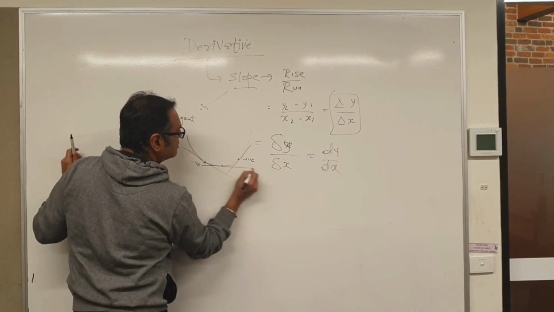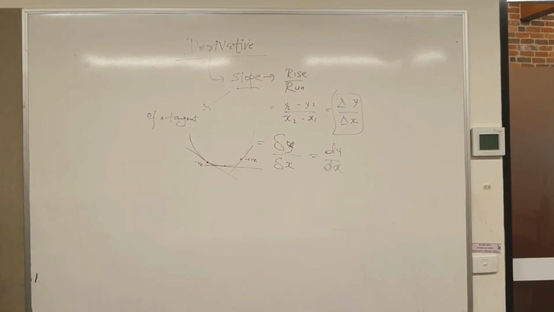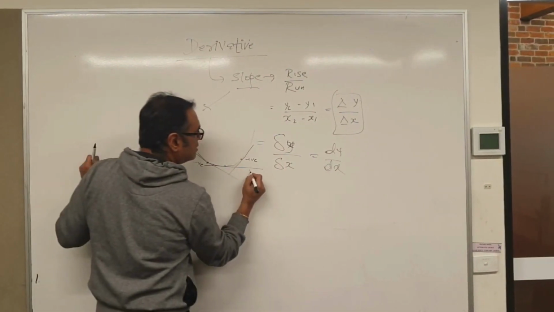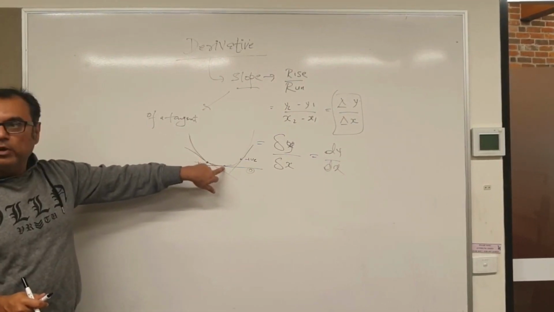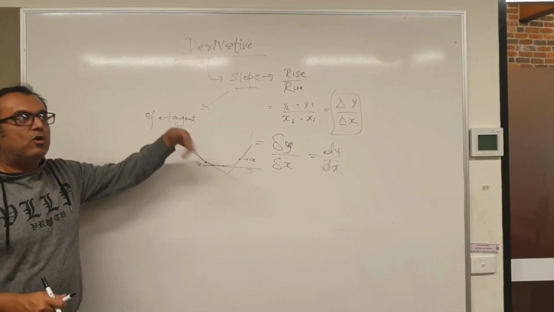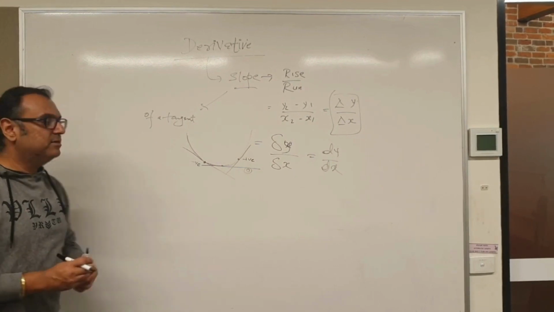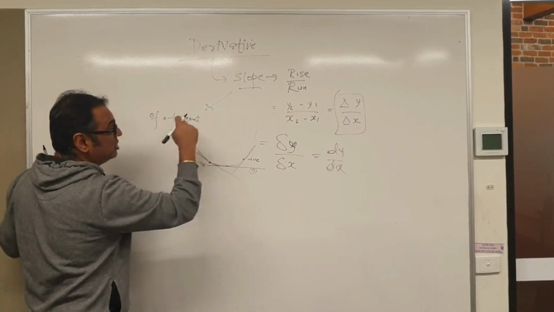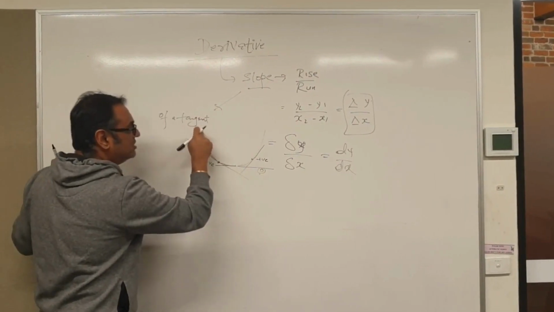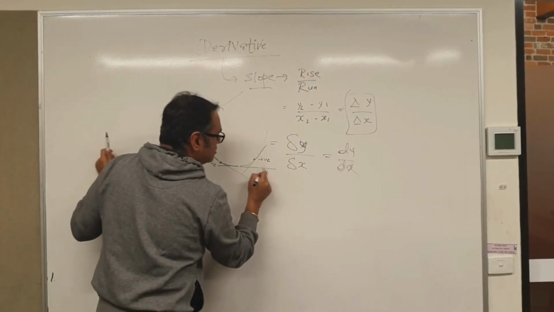The tangent is flat. So the slope is 0. So at the turning point or at the stationary point, the slope of the tangent to a point on the curve is 0.